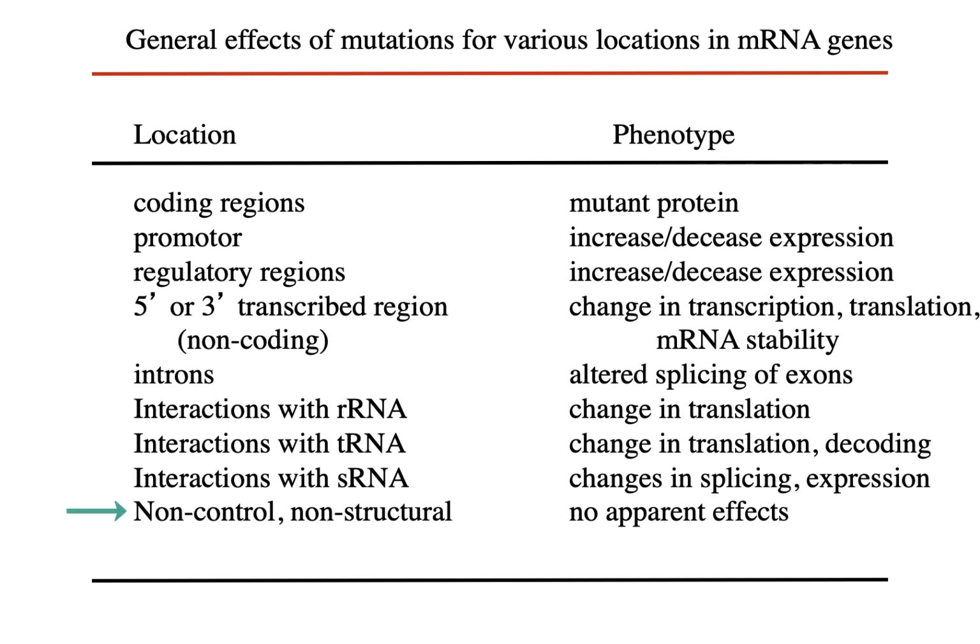And finally, if the mutations occur in the non-coding, non-control regions of that gene, then many have no effect on the expression and the accurate expression of that mRNA and the mRNA genes.